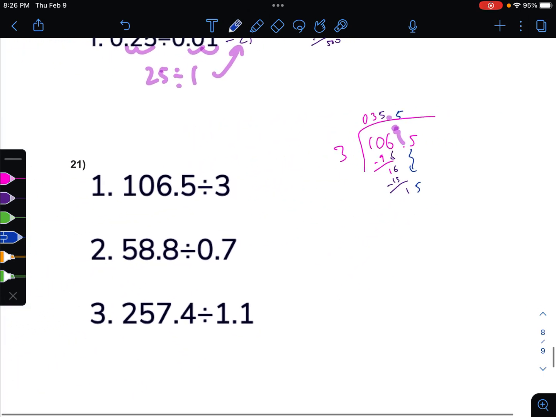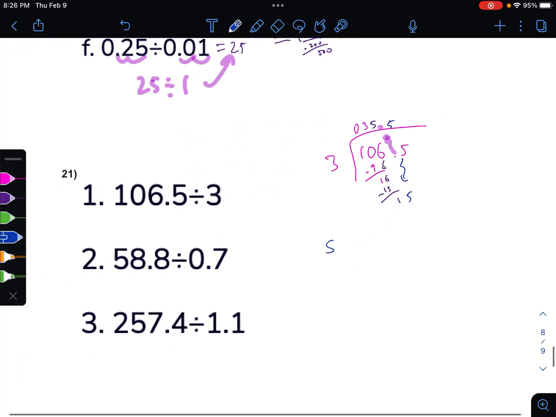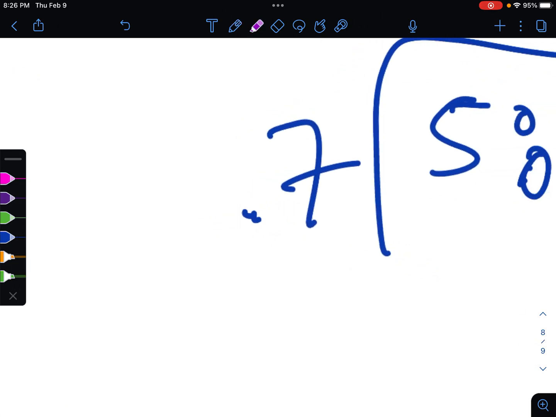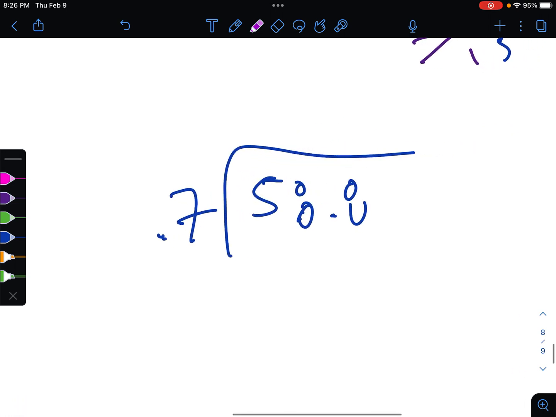That wasn't so bad. What else we got here? 58.8 divided by 0.7. We have to clear that decimal. I'll move this one, so I have to move this one. The decimal gets a new home in my answer.